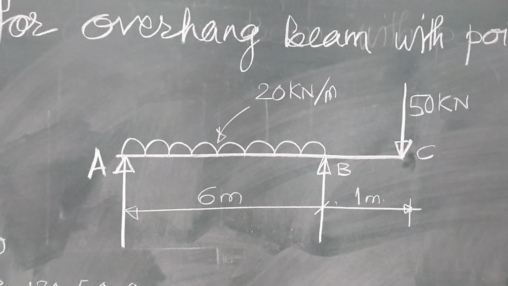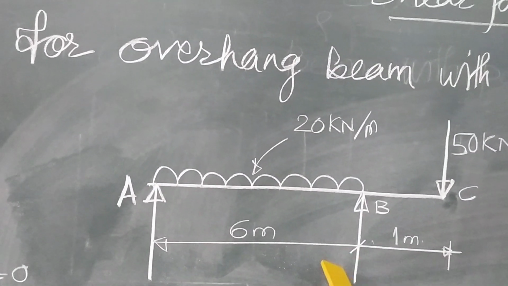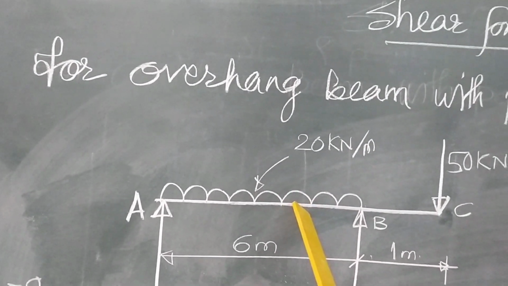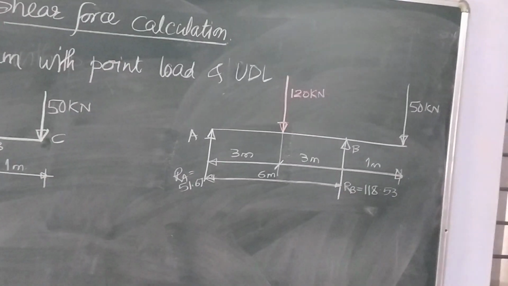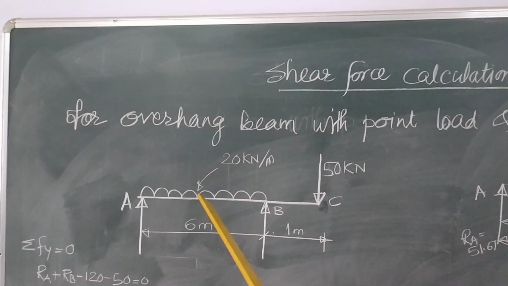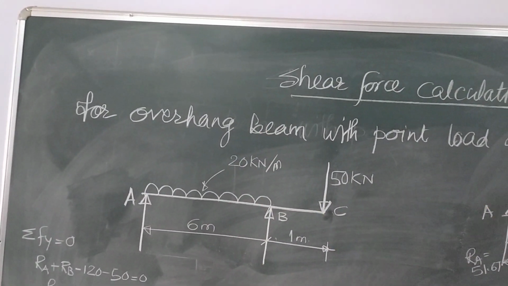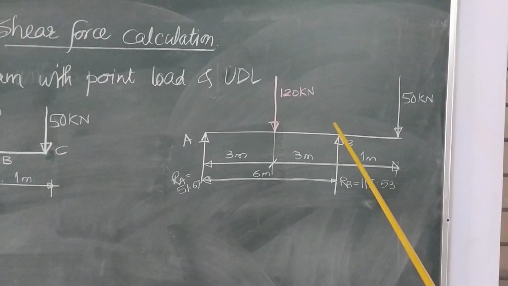We first have to draw the equivalent point load diagram for this UDL. So let us solve this. This is very simple. 20 kilonewton UDL for 6 meter means 20 into 6, and it acts at the midway of 6 meter. So it is 120 kilonewton.